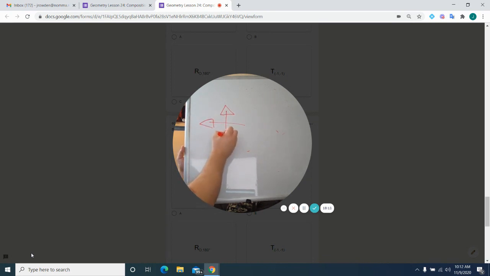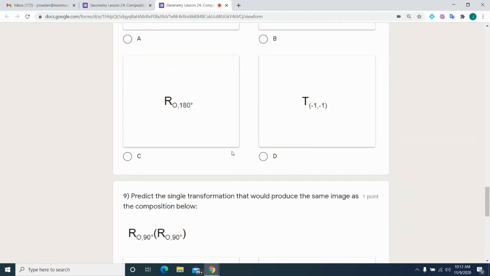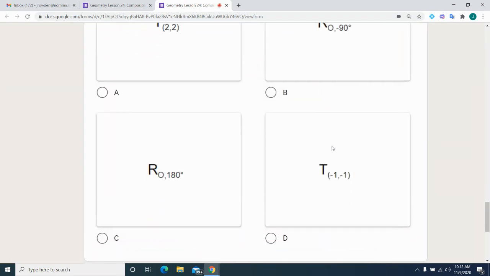Then we rotate another 90, that would put it down here. If you ignored the first rotation of 90, what is that in one step? That's a rotation of 180. So we could rotate around the origin 180 and get straight there.